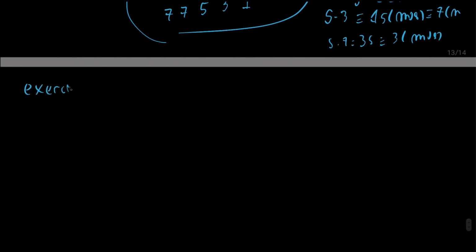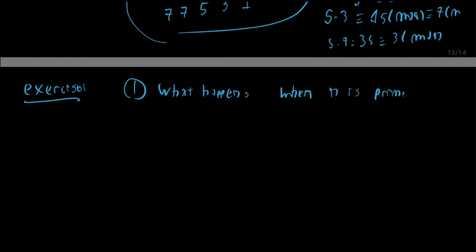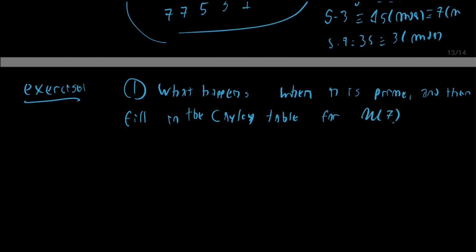So now, as an exercise, the first thing you can ask yourself is what happens when n is prime, which is pretty easy to understand, and then fill in the Cayley table for U(7).